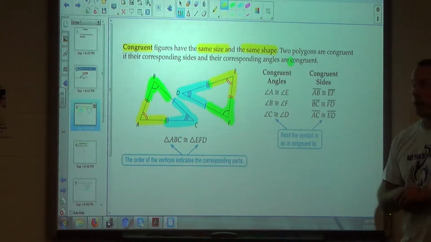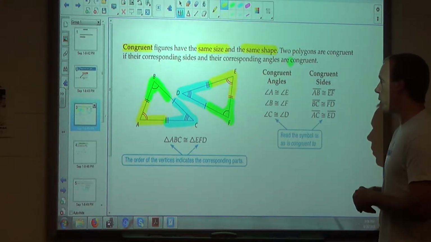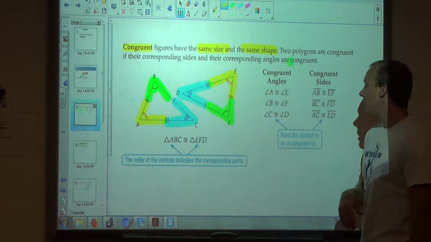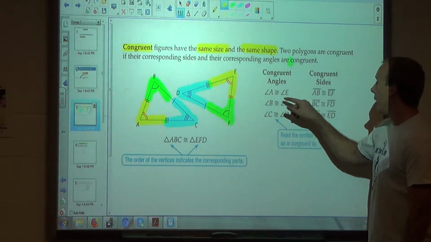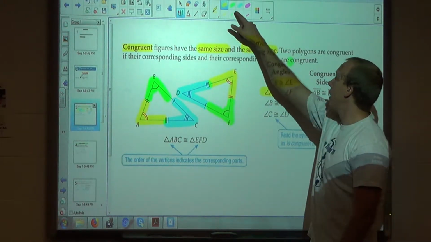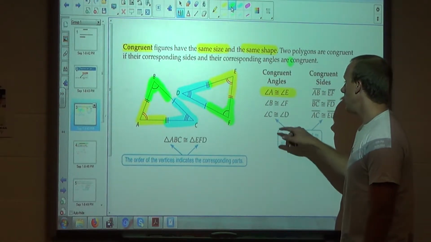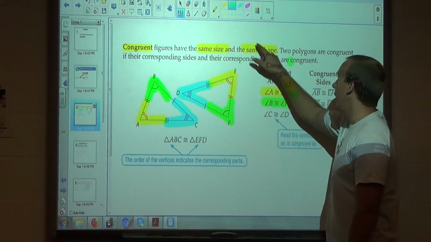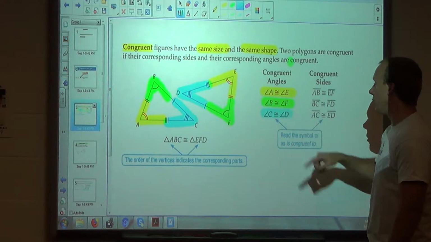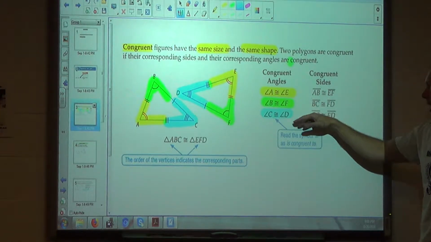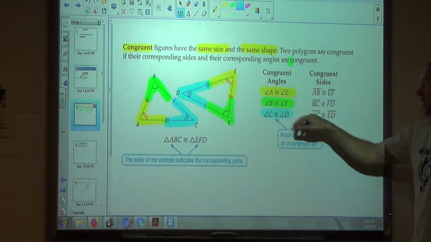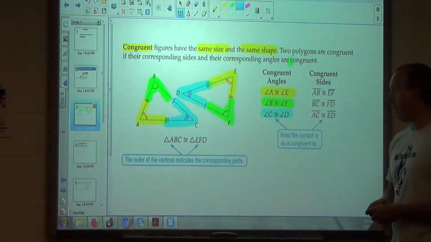So the number of arcs tells me which ones are corresponding. So we have A and E corresponding here, B and F corresponding here, and we have angle C and angle D, and they're congruent. Angle C is congruent to angle D.